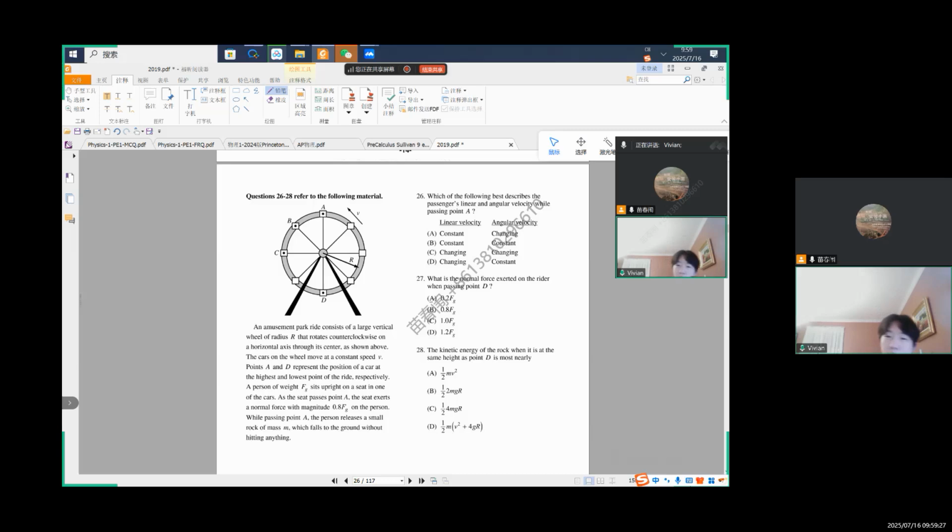Which of the following best describes the person's linear and angular velocity along the path?